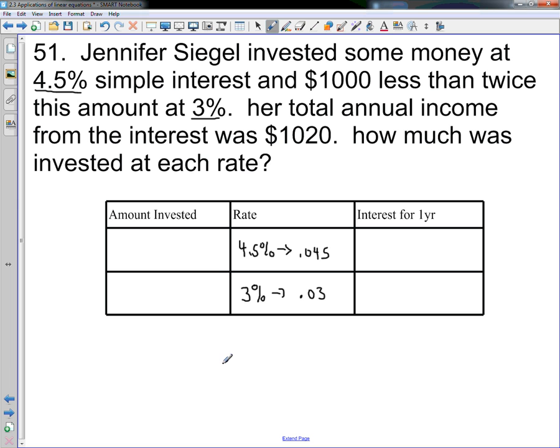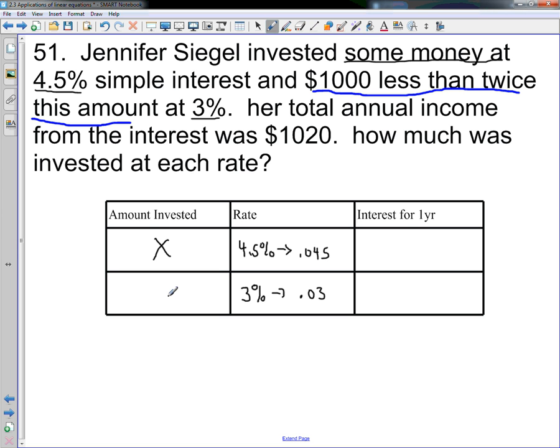Now we want to figure out how much is invested in each. Well, invested some money at 4.5%. Doesn't tell us how much, it just says some money. That's an unknown amount, so I'm going to call that my variable, or x. The other one is simple interest, say in 1,000 less than twice this amount.